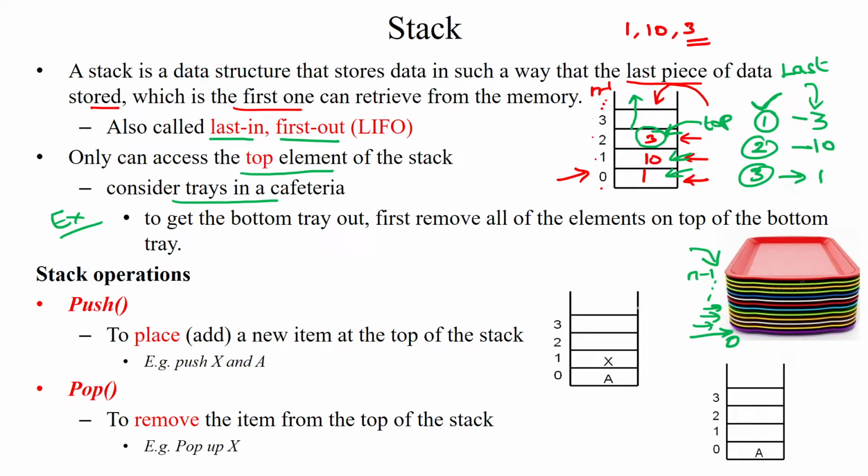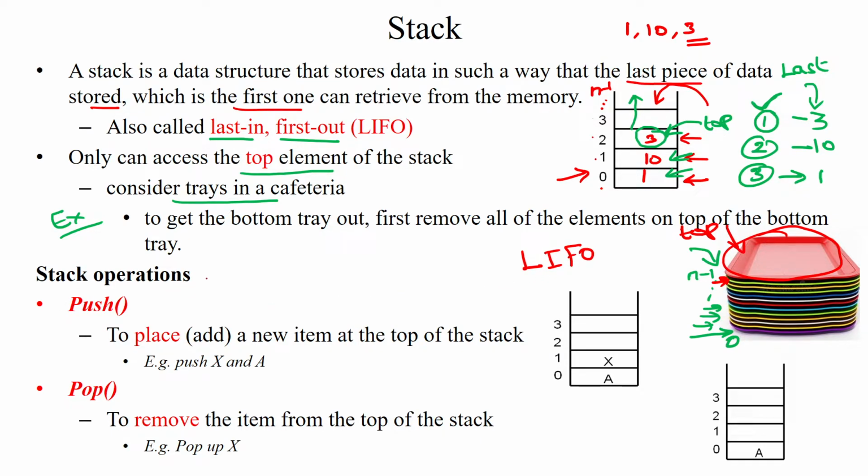After arranging, when they want to access the trays, first they will access the top one, then the second top one. So the tray which is arranged last will be accessed first, this red color tray. This is one example of the stack data structure, last in first out.